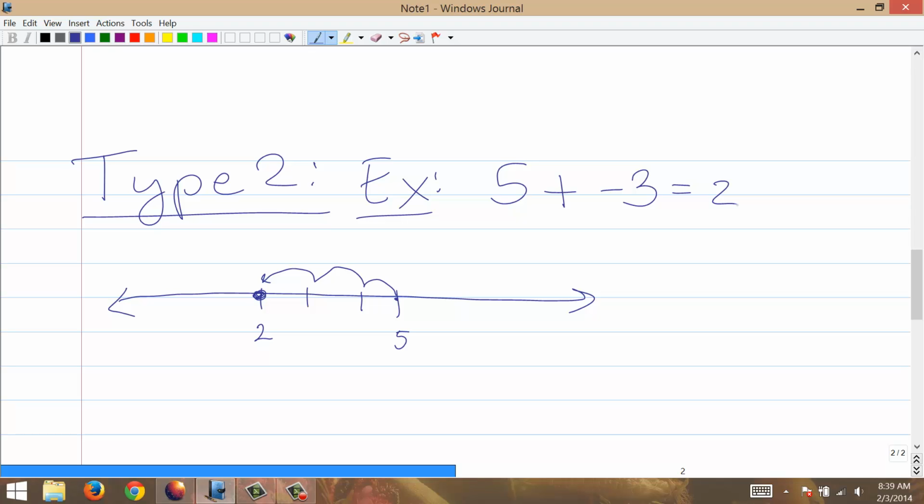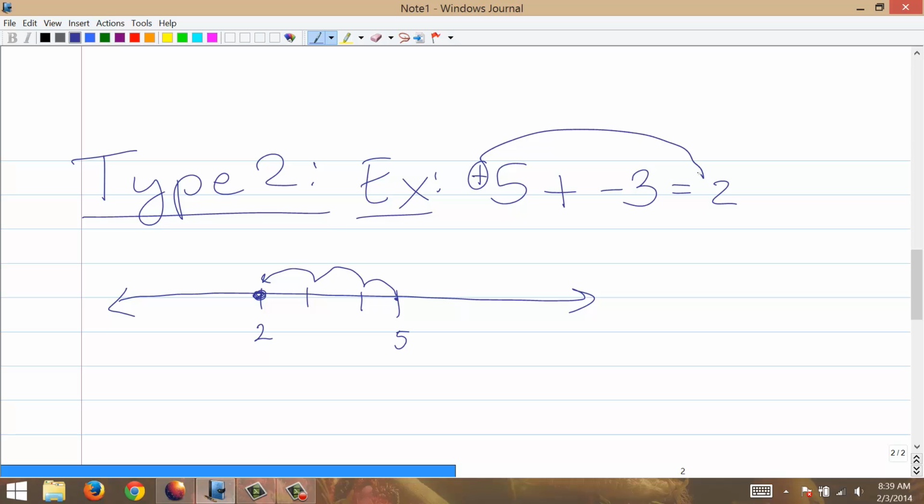We actually just subtract, and then using the bigger number, in this case the 5, we keep the sign of the bigger number. So since 5 is bigger than 3 in terms of how far away it is from the 0 on the number line, then our answer becomes positive as well.